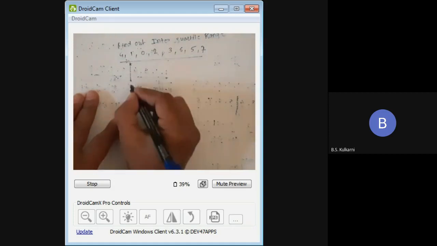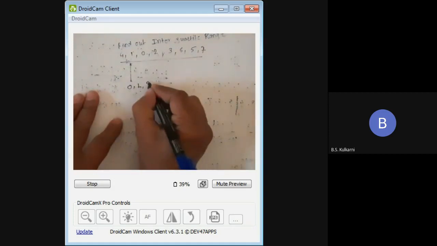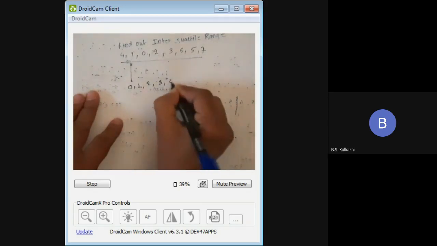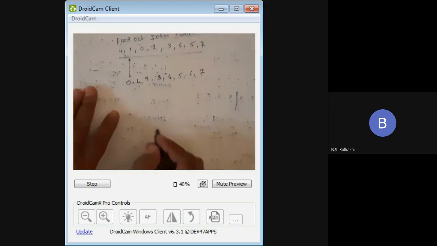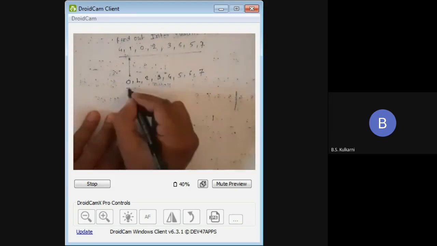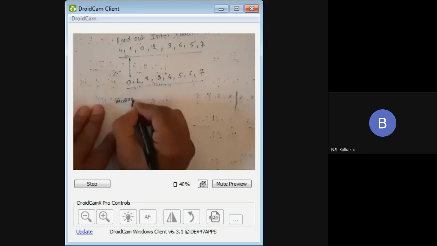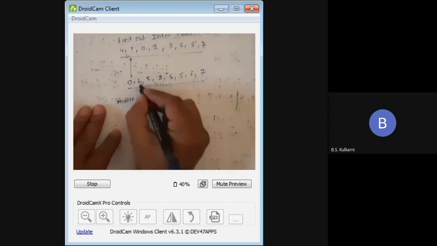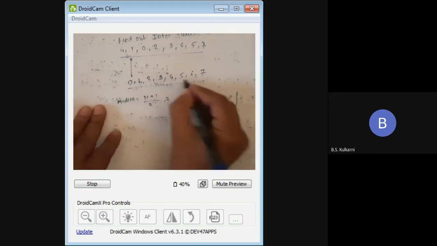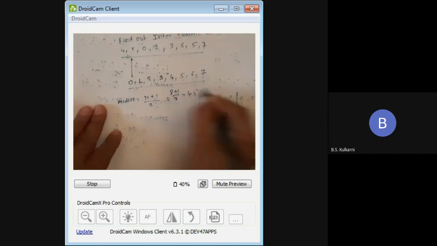After observation you have to write it in ascending order: 0 1 2 3 4 5 6 and 7. Find out the median. Median is equal to n plus 1 divided by 2. Again 8 plus 1 divided by 2, that is 4.5.